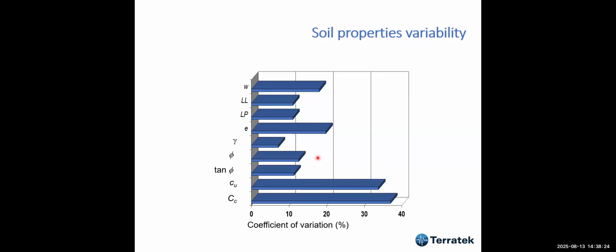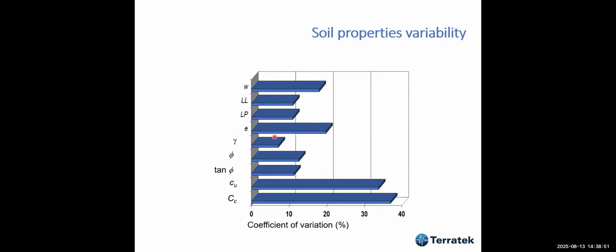In relation to soil properties, in most cases we are interested in strength parameters, and the undrained strength varies a lot. This is the compression coefficient of the virgin curve in an oedometer test. This varies a lot, and also the void ratio.